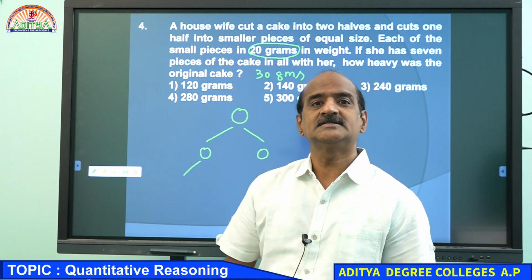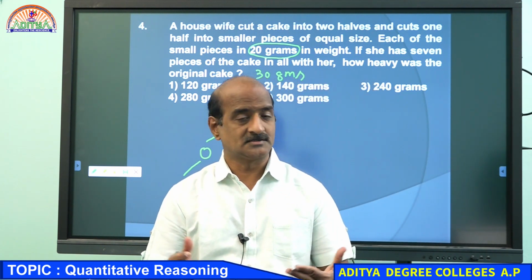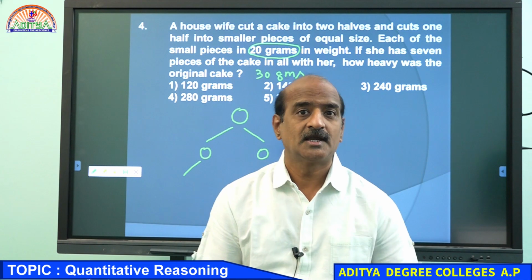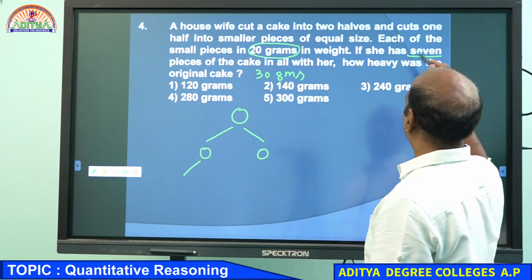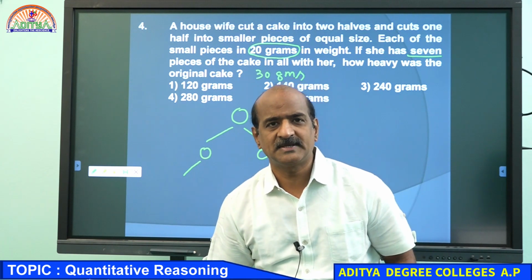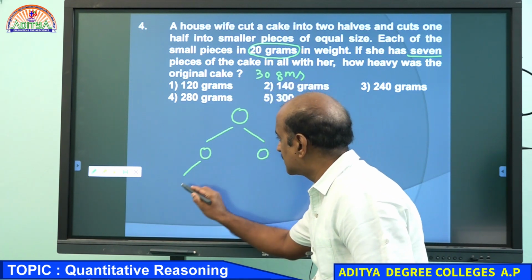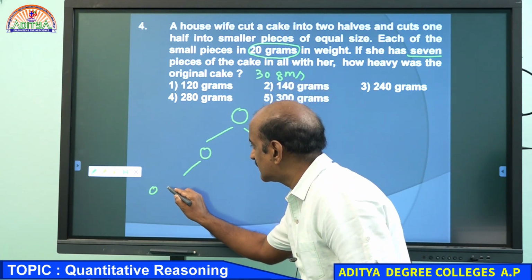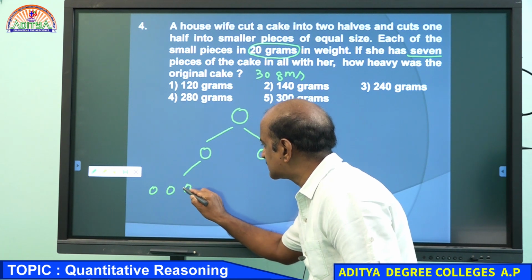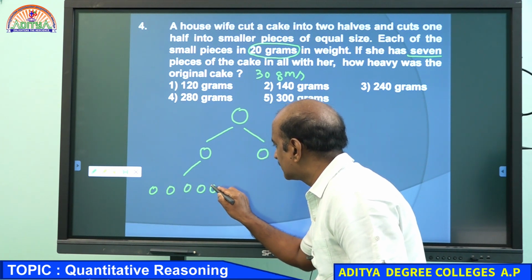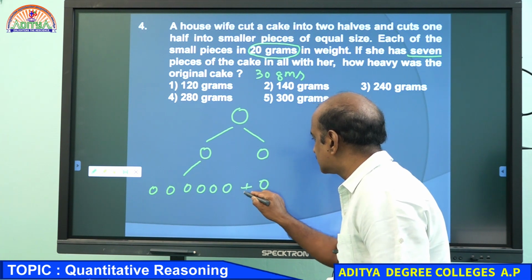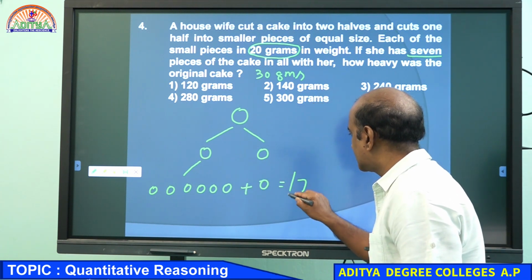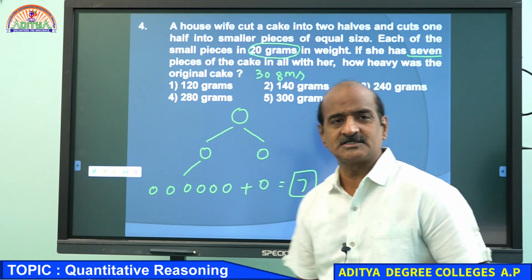How many pieces it was actually divided into is not known to us. But at the end, we have a very interesting clue that she has 7 pieces in all. In the sense, this particular piece she has to divide into 6 smaller pieces, 3, 4, 5, 6, and this piece as it is, 6 plus 1, that is 7. Therefore, that is very much justified.